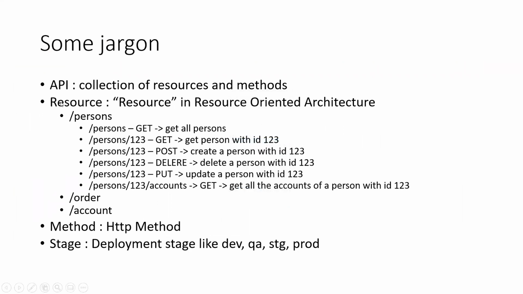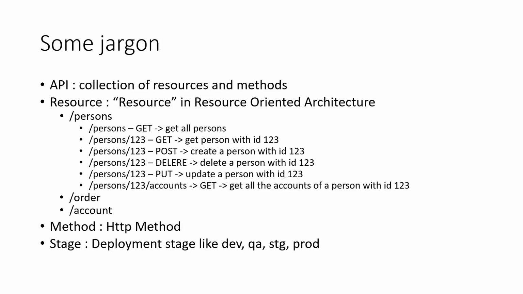Okay, that's about the resource, and method is nothing but HTTP methods. You got this also. And there is another concept called stage. Once you create the API, then you want to deploy that API. Every time you deploy an API within Amazon's context, you will deploy to some stage, things like dev, QA stage.